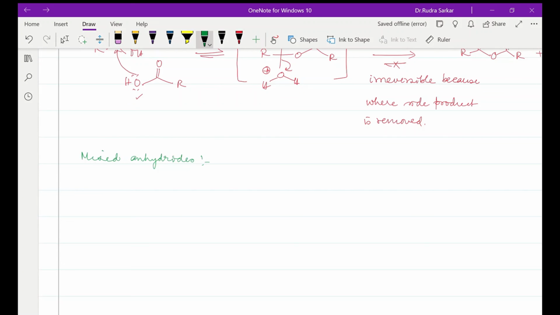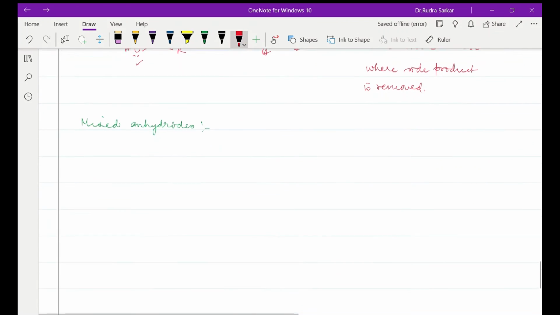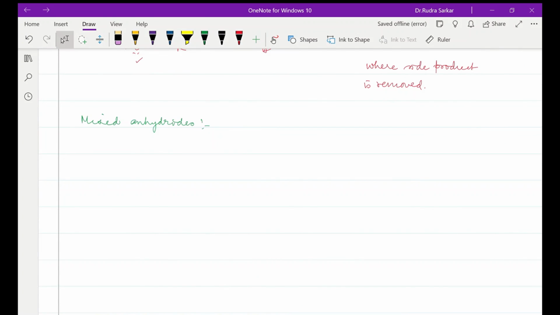Now if we wanted to make mixed anhydrides, what should be our starting materials? So here to make a mixed anhydride, basically we will take a acid chloride and a carboxylic acid. We will take catalytic amount of pyridine to remove the side product HCl that will be formed in the reaction.